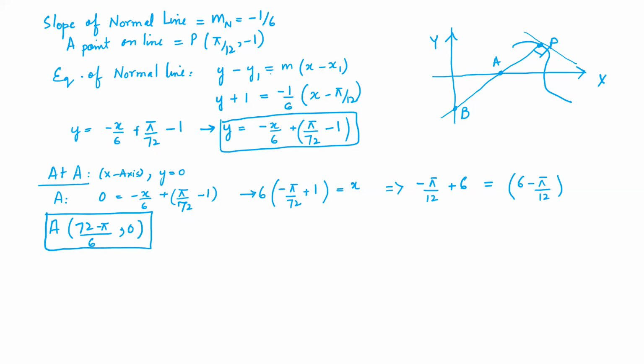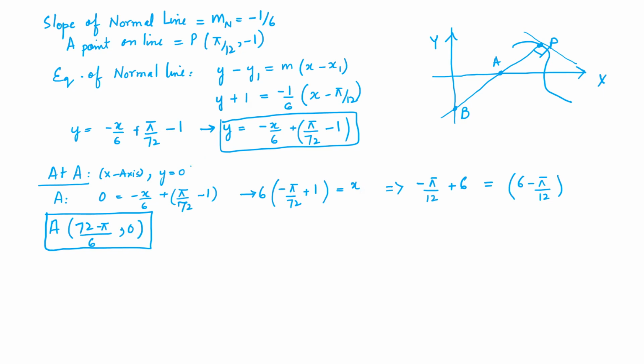So putting y equals to 0, 6 minus pi by 12 minus 6 plus pi by 12. Let's do it again, I'm a little confused.